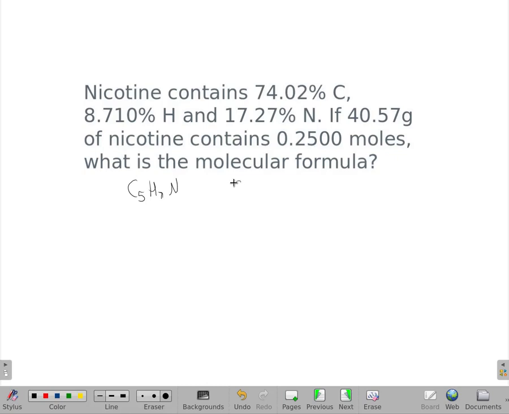So I know there are 5 carbons, and carbon weighs 12 AMUs. There are 7 hydrogens that weigh 1, and there's 1 nitrogen that weighs 14. Now, beauty of doing it this way, 5 times 12 is 60. That would bring it up to 74. And this would add another 7 to that. So about 81.